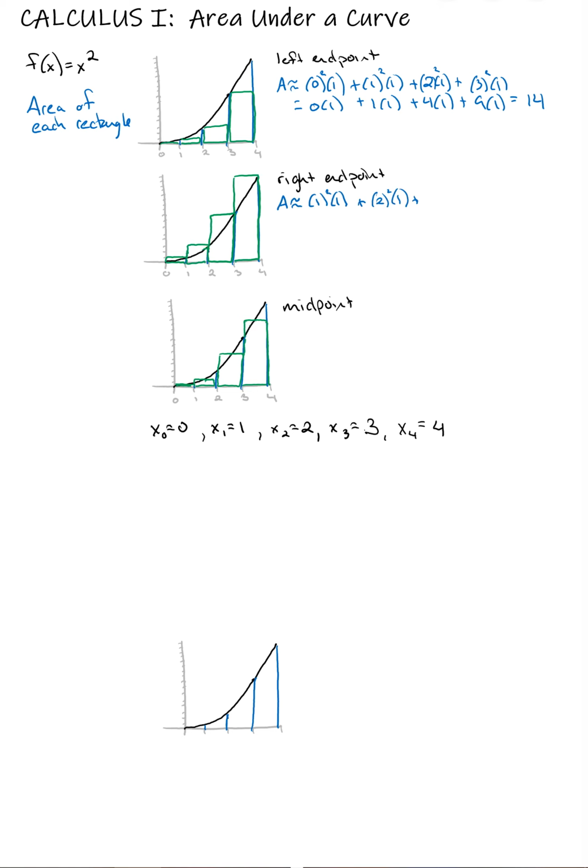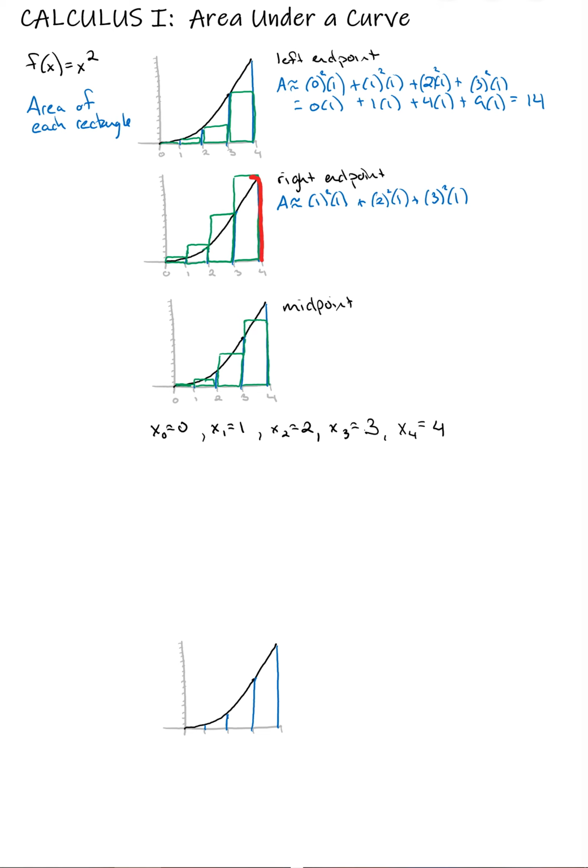The next interval, looking at the right-hand side of that, I'm going with 3 squared for the height and 1 for the width. And finally, the last one is way out here at 4.